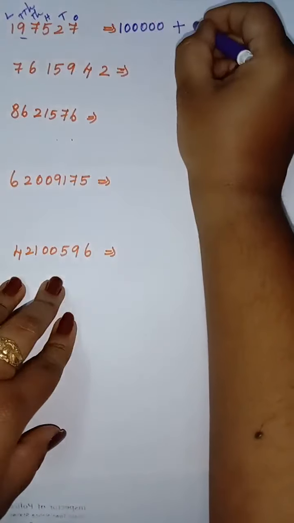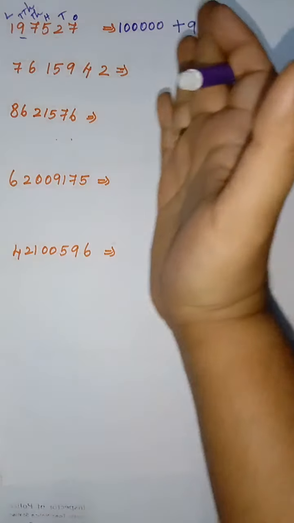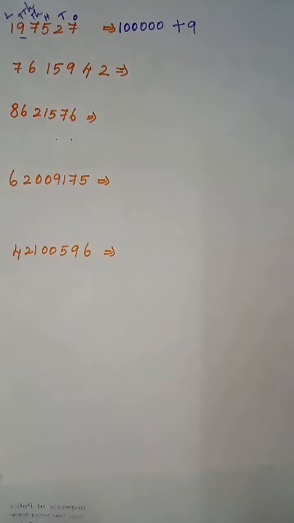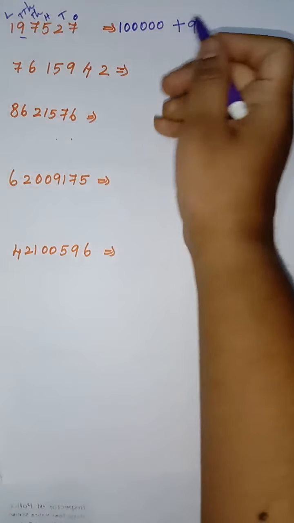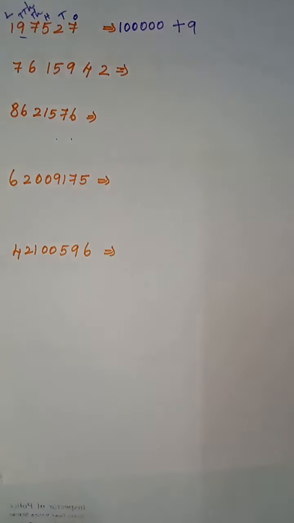The next digit is 9. For 9, they have given 10,000. Keep in mind that in the expanded form, the zeros will decrease in a continuous process. If it is 5 for this step, then the next step will be 4, then 3.